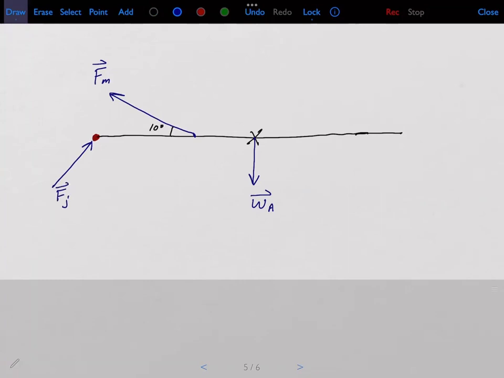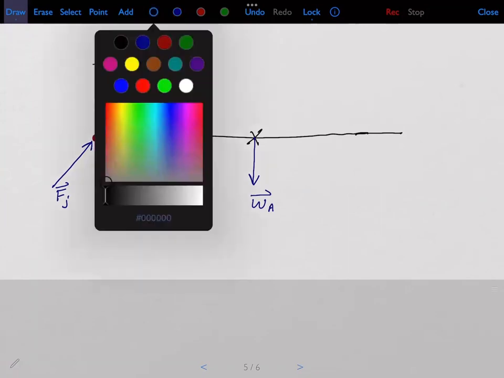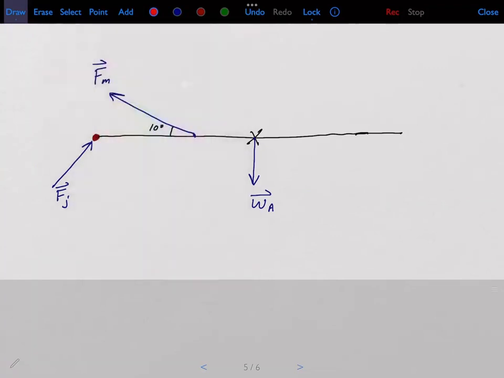Okay, what else do we know? We know these distances. We know that the distance from the shoulder joint to the center of mass of the entire arm, so this distance right here, is going to be 29 centimeters, but then I want meters, so that's 0.29 meters.